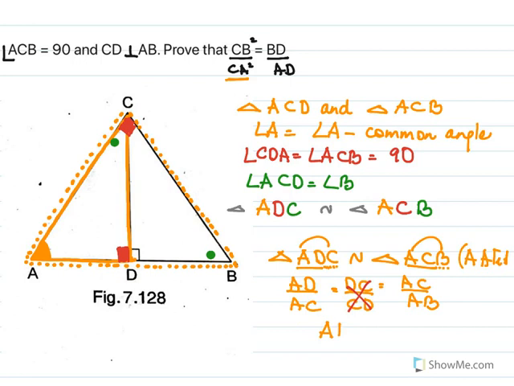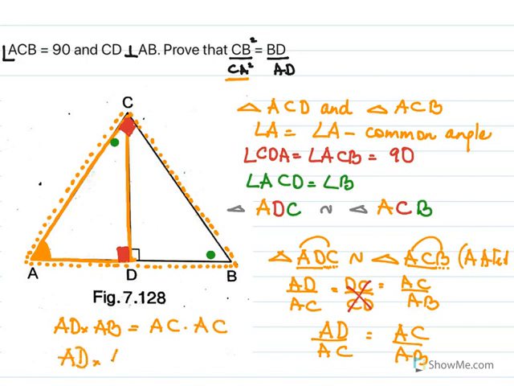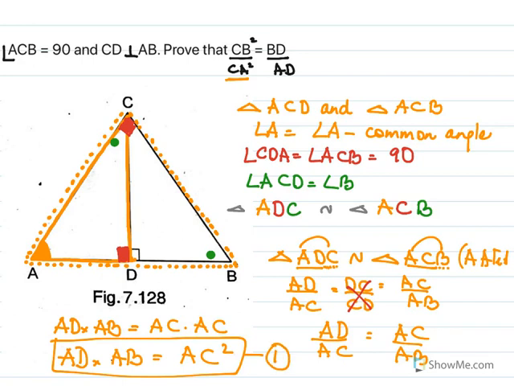We'll now take up AD over AC equal to AC over AB. And when you cross multiply, we'll have AD into AB equal to AC into AC. So AD into AB equal to AC square. This I'll put as equation 1, and I'll need to use it later.